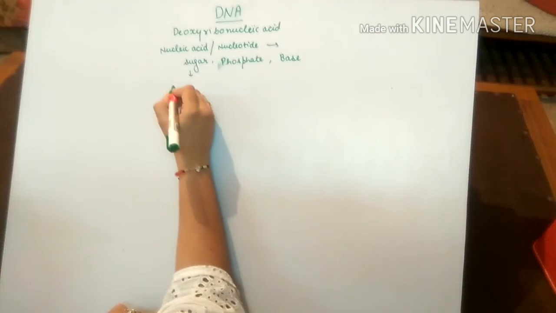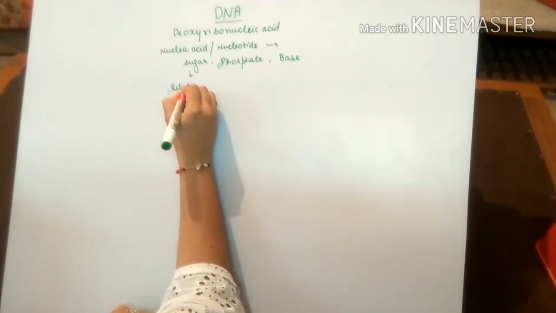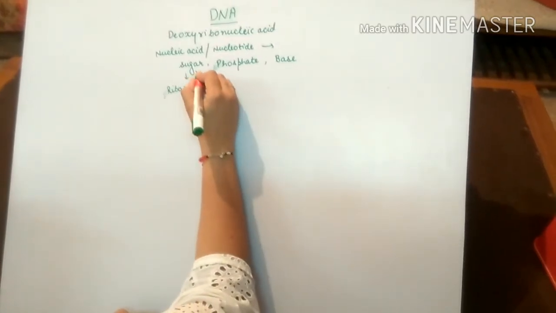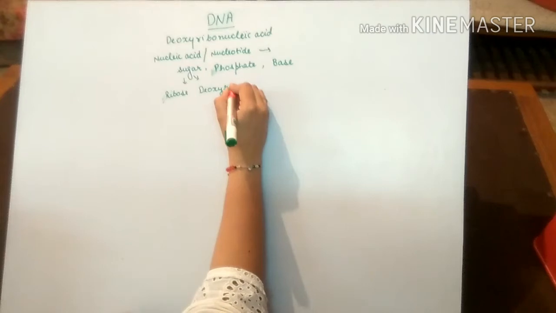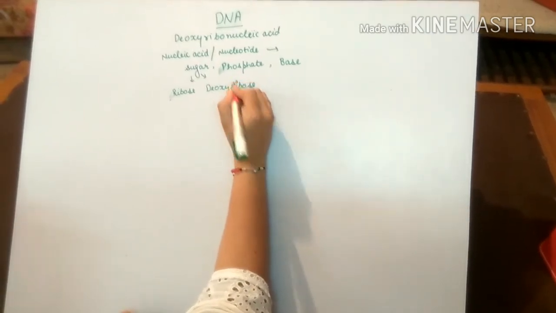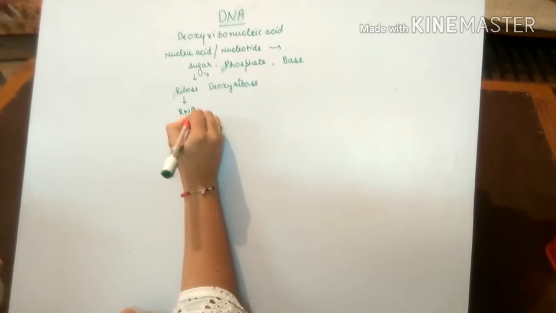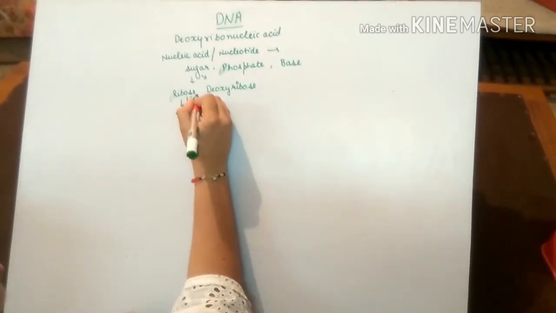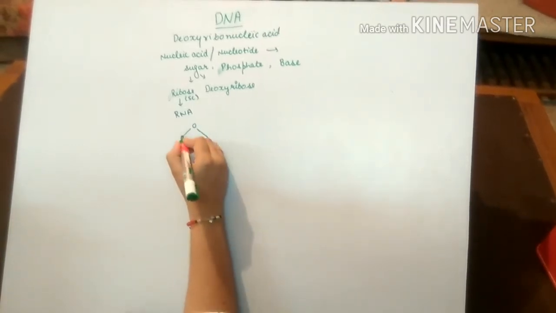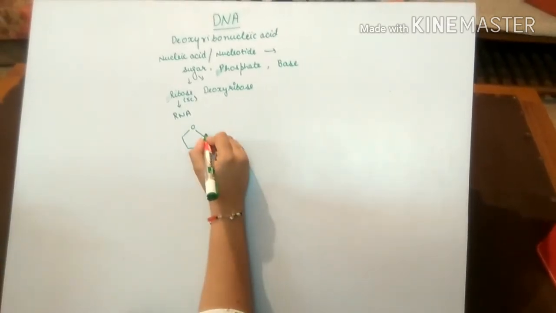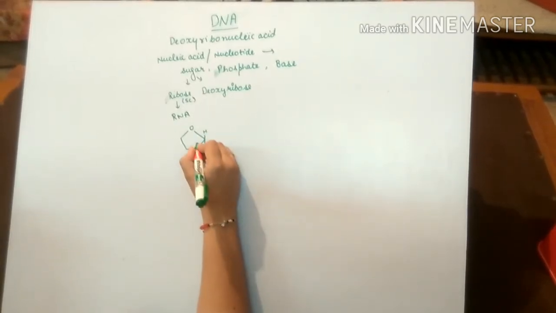The sugar molecule can be ribose and can be deoxyribose. In RNA, it is ribose. It is a 5-carbon sugar. That is, we will make a 5-carbon sugar, have H on one end and OH on the other.